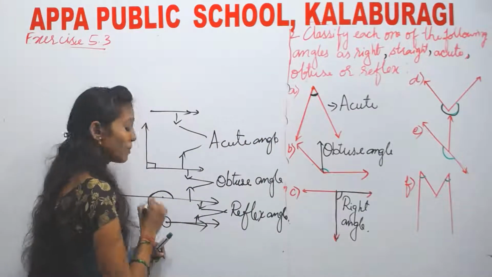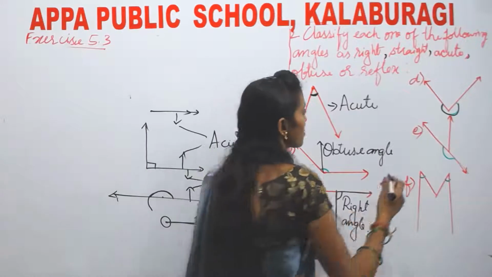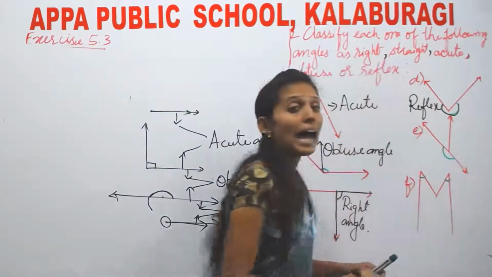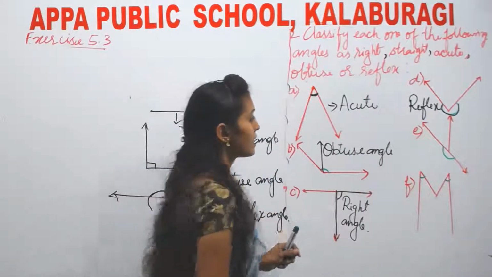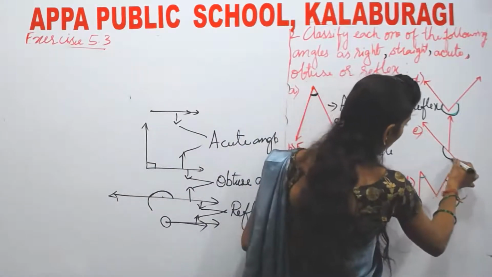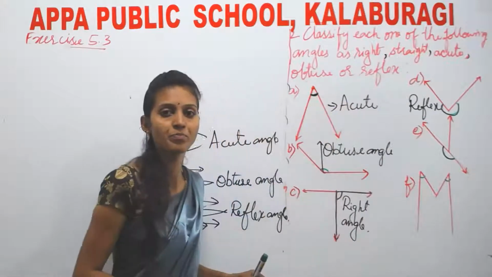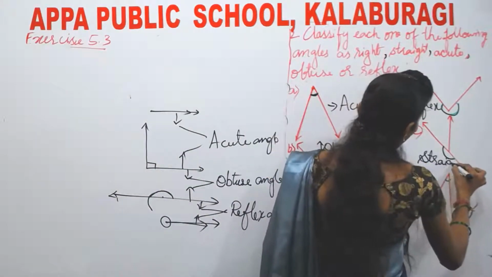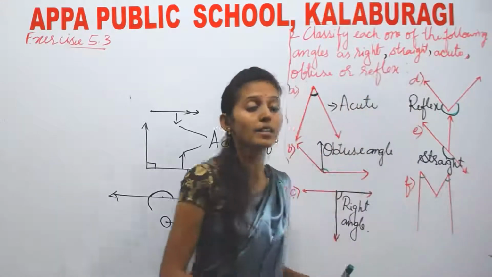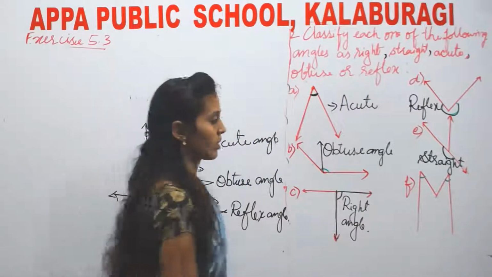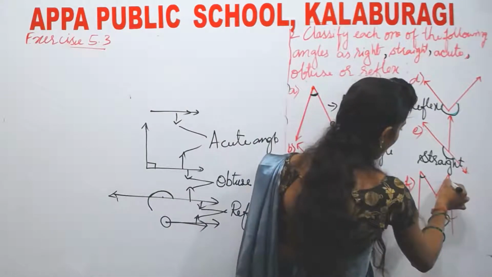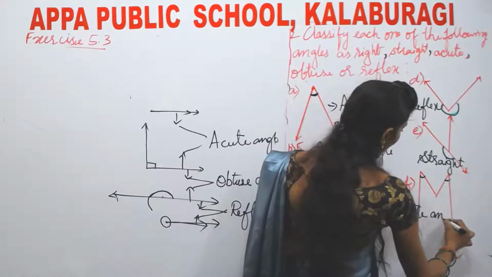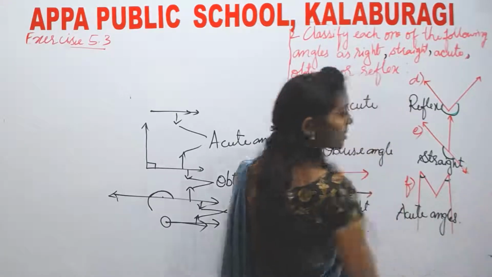More than a semicircle means more than 180. It's nothing but a reflex angle. Okay. Next, see, this is completely a semicircle, a straight line. So therefore, it is a straight angle. Next here, both angles, these two are acute only. Both are acute angles.